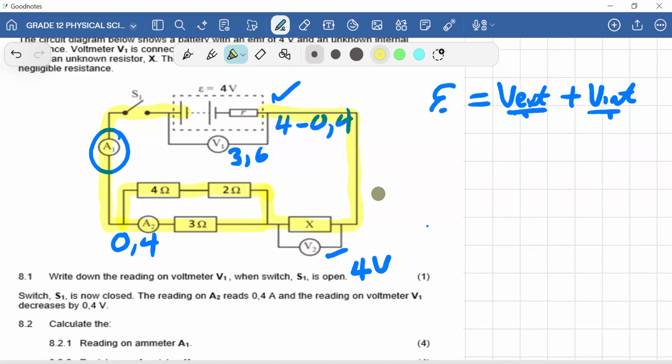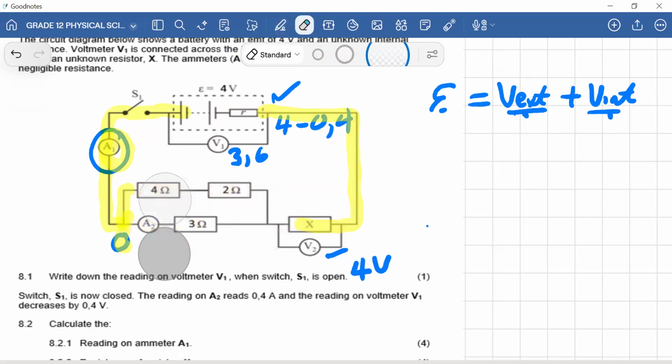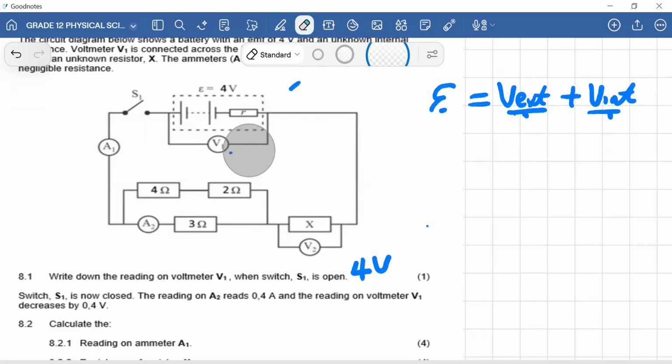So if I know the current that goes through the 4 and the 2, added to the current that goes through the 3 ohm resistor, that gives me the total current. And when resistors are in parallel, they have the same voltage across them.